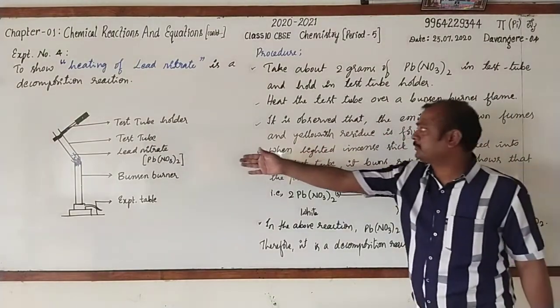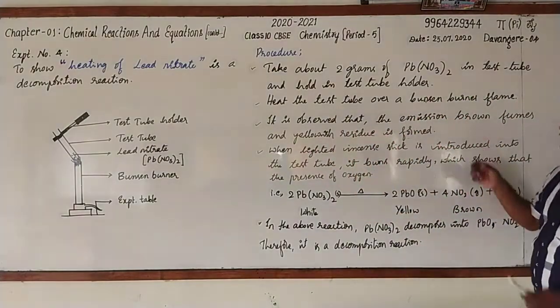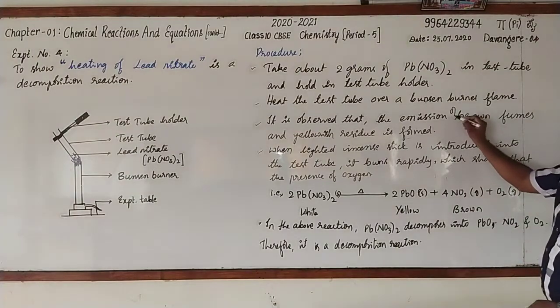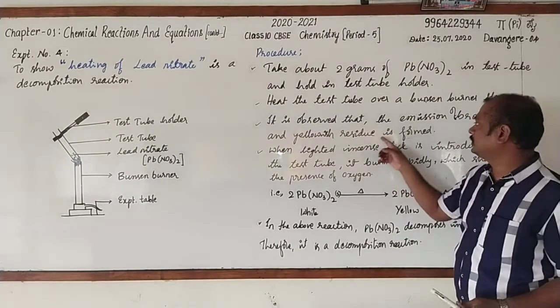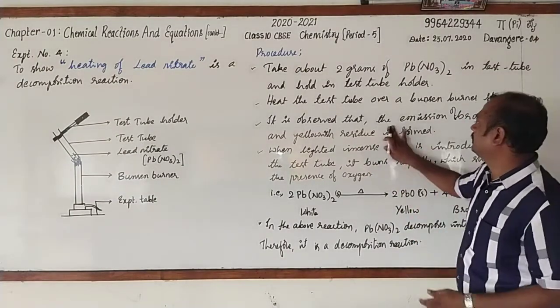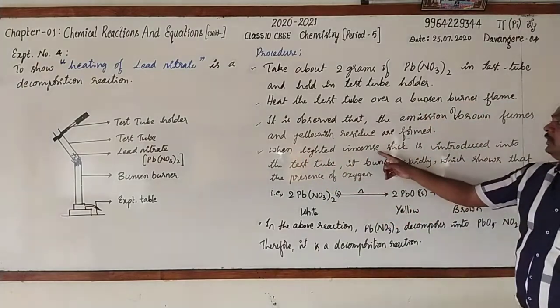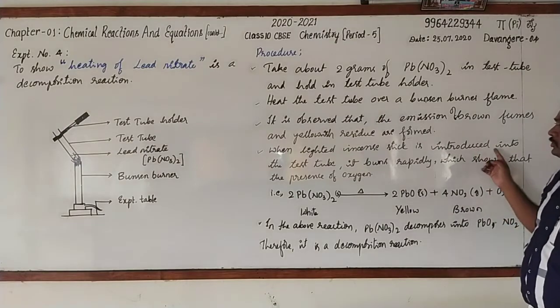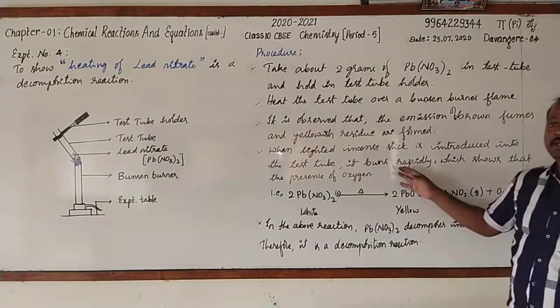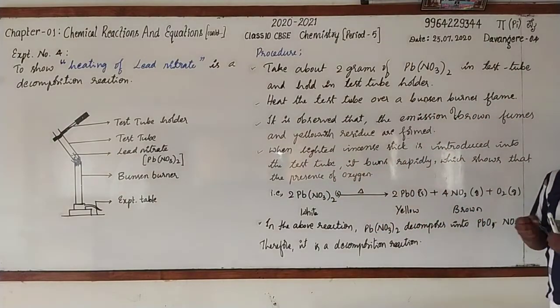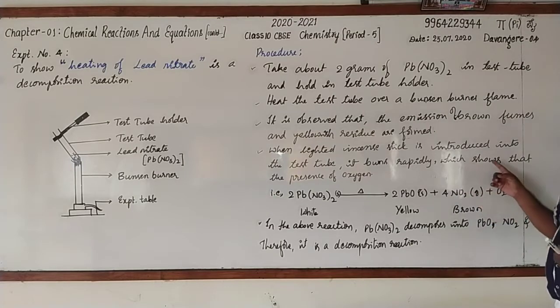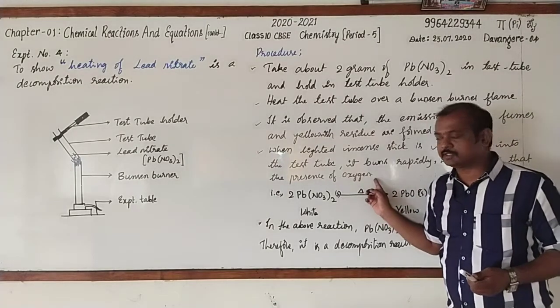Then you can observe the emission of brown fumes and a yellowish residue is formed. Then when the lighted incense stick is introduced into the test tube, it burns rapidly, nothing but it burns brightly, which shows the presence of oxygen.